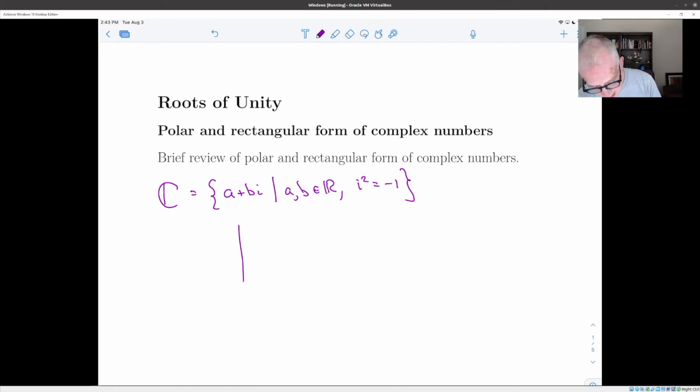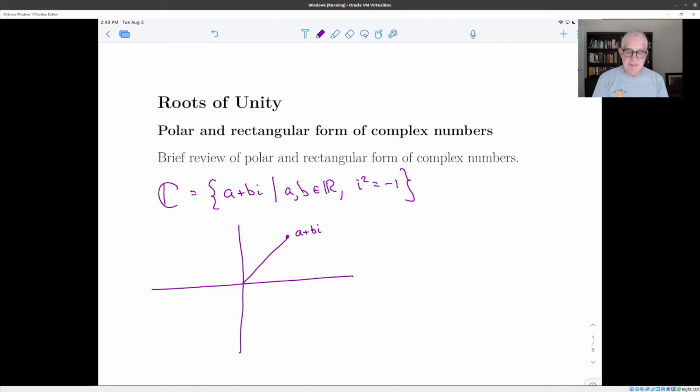But I do want to remind you that we have a graphical picture of a complex number. We can think of a complex number as giving a point in the Cartesian plane with, by convention, the x-axis being the real part and the y-axis being the imaginary part. And this gives an alternative way of writing the complex number, because if you use the Pythagorean theorem, the hypotenuse of this triangle is a squared plus b squared.